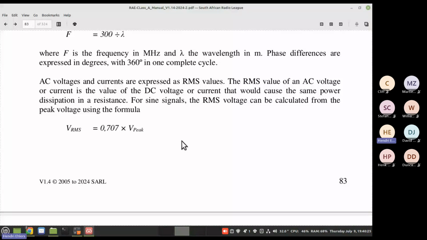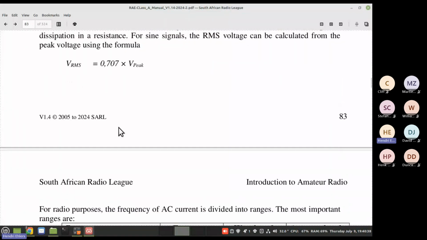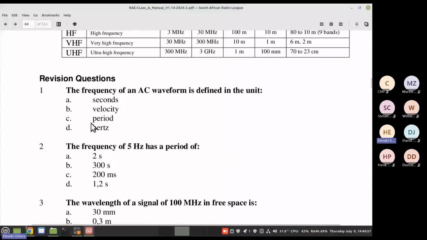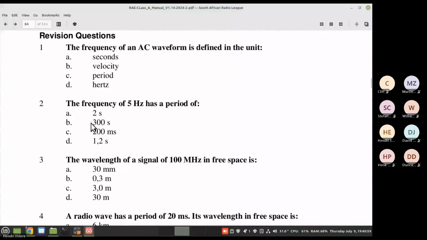For sine signals, the RMS voltage can be calculated from the peak voltage using the formula, and there they use the 0.707 that I told you to remember. For radio purposes, the frequency of an AC current is divided into two ranges. The most important ranges are HF, VHF, and UHF.